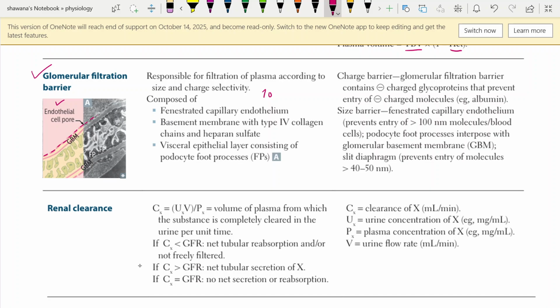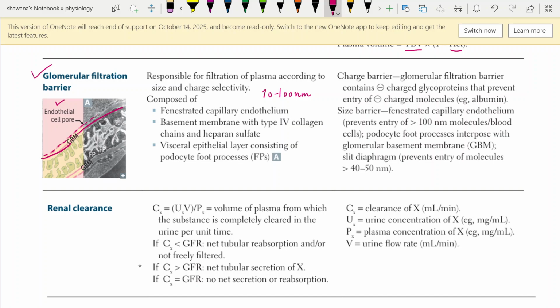Okay, and after that, the second layer of the glomerular filtration barrier is the glomerular basement membrane, and it's very important because the glomerular basement membrane plays a critical role in filtration. It is negatively charged, but why?